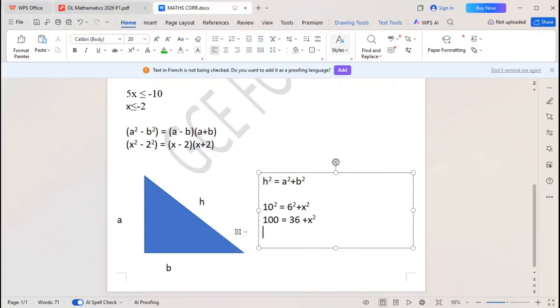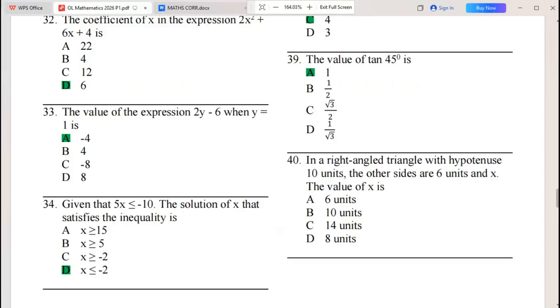Now we want to isolate x, so we subtract 36 on both sides. 100 minus 36 is equal to 64, which is x squared. Taking the square root of both sides, x is equal to the square root of 64, which is 8. Looking at our options, we have 8 units, which is D for question 40.